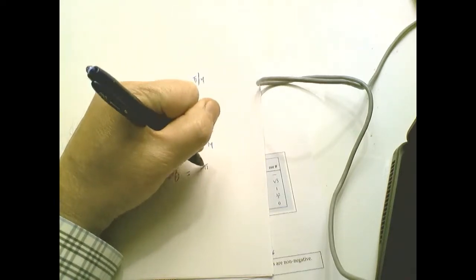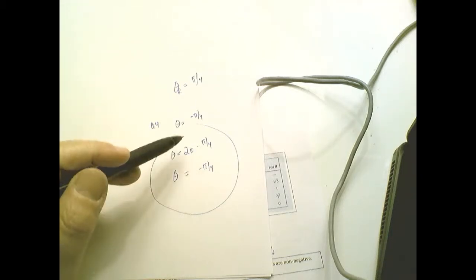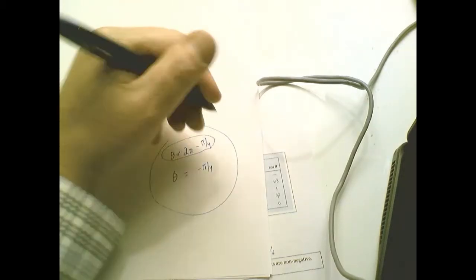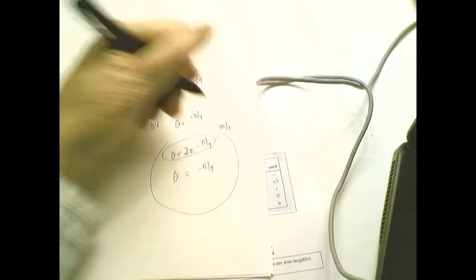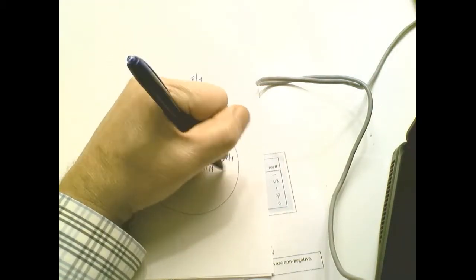Negative pi over 4. Look at these two angles. They're separated by how much? How far apart are they? Well, this one is 2 pi bigger than negative pi over 4. 2 pi minus pi over 4 and negative pi over 4 are separated by 2 pi. And what does that tell you? 2 pi minus pi over 4, or 7 pi over 4, is exactly coterminal with negative pi over 4.